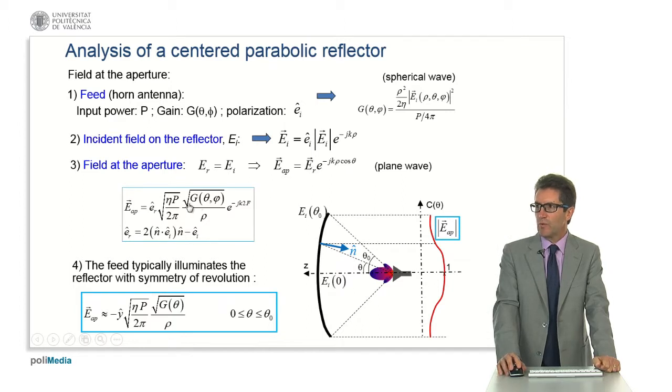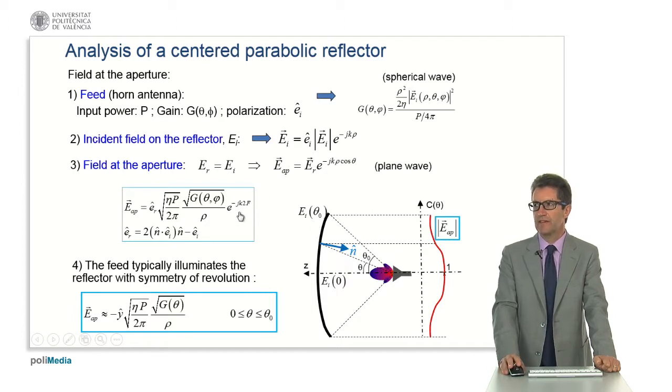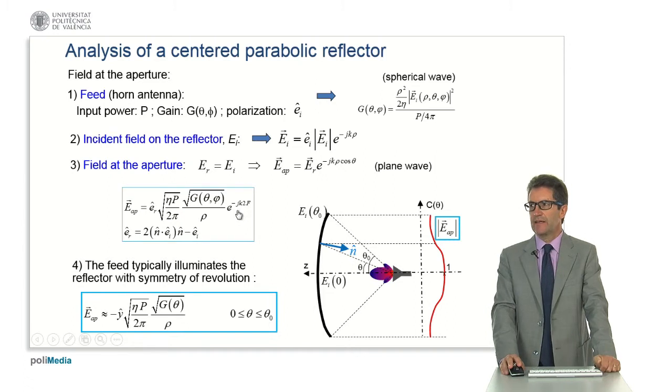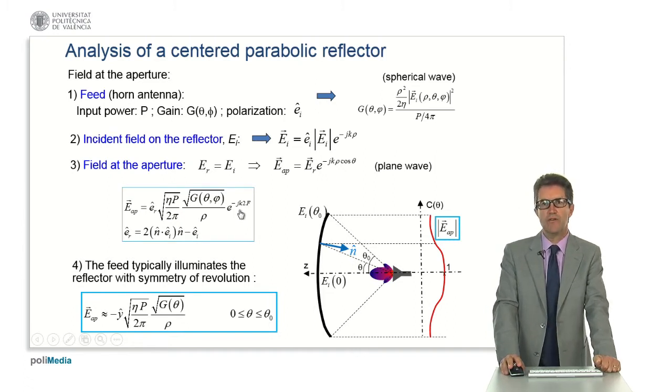So finally, what we obtain at the aperture is an equation in which we have the polarization E sub r, and it depends on the square root of the input power and gain. We have the term of the distance from the focus to the reflector, and an exponential term, which is the phase, and we see that it is a constant phase.